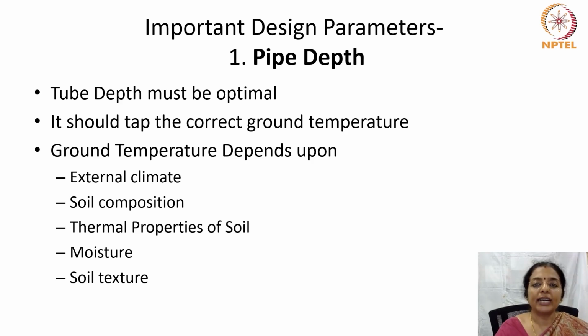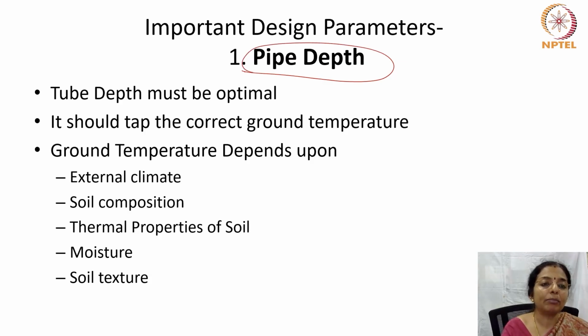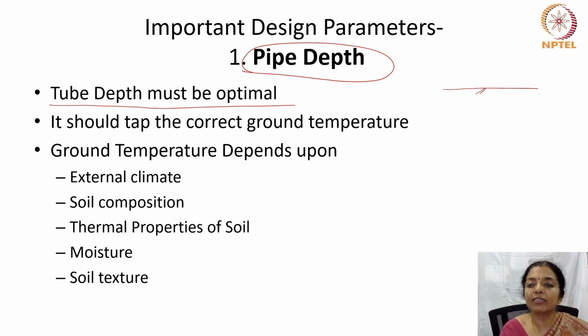Next important design parameter is the pipe depth. So tube depth must be optimal. What do you mean by optimal? Tube depth should not be too shallow, or tube depth should not be too deep also.